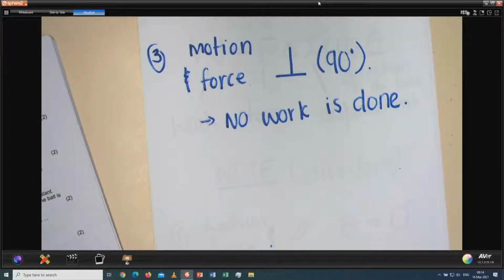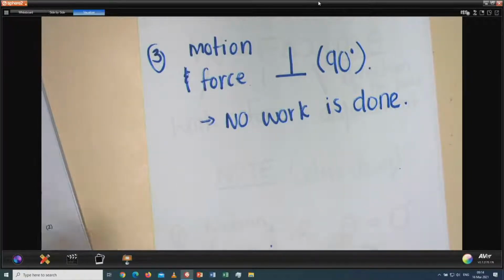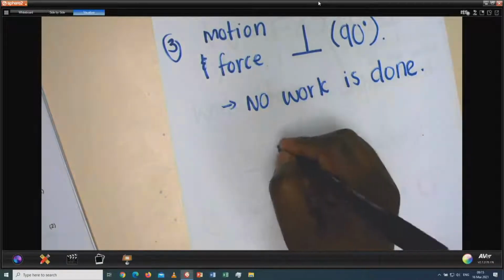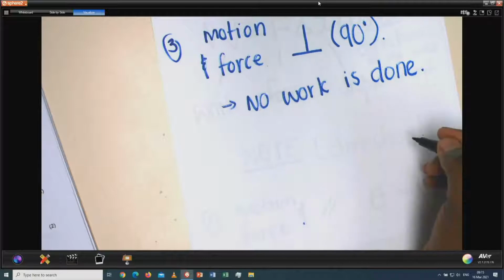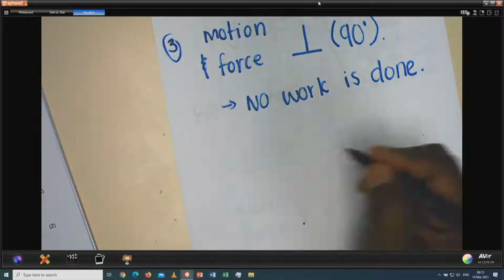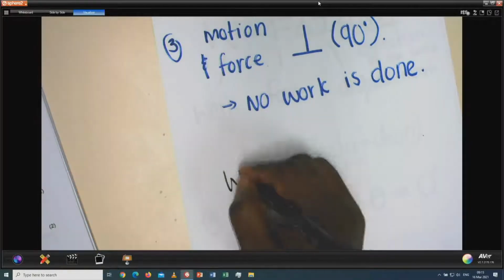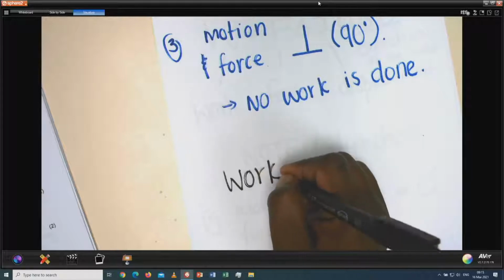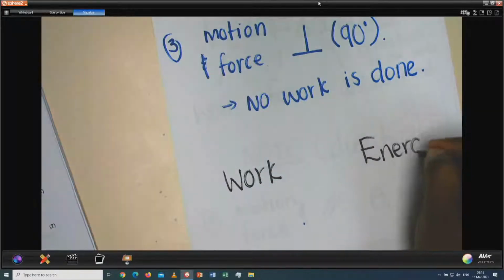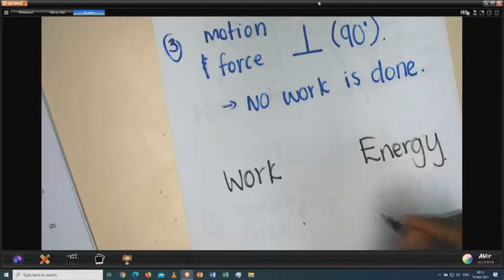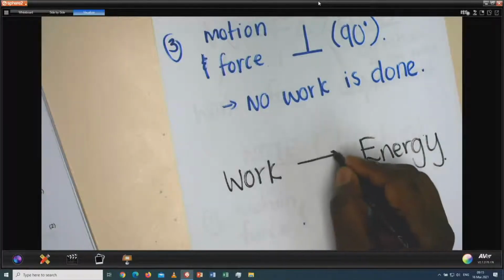I want us to also understand that when work is done, then energy is transferred. So you must just remember that you've got work being done on the object. That means there will be energy that is transferred.